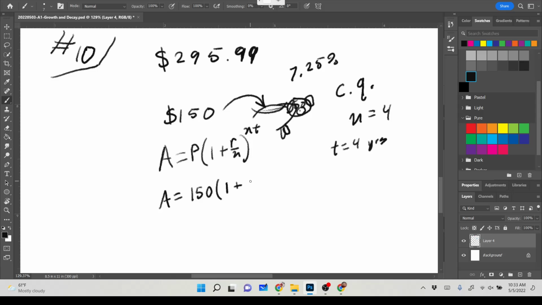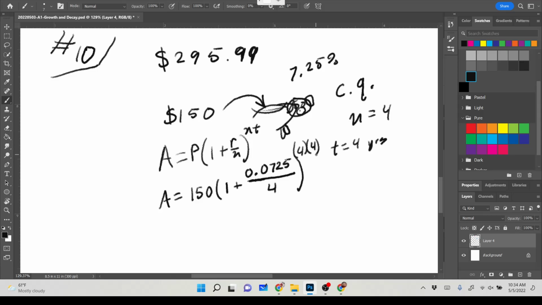What is R in this problem? 0.725. Nope. 0.0725. And N is 4, which sounds like the main place where we made a mistake. That it's compounded quarterly would mean N is 4, because it's a fraction of a year.